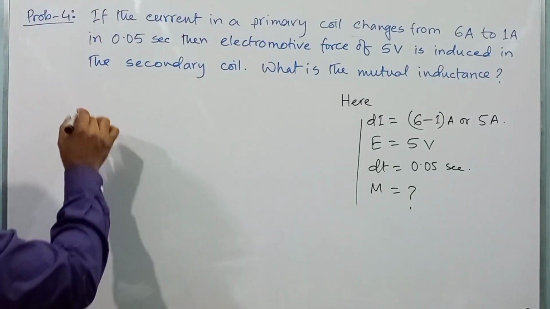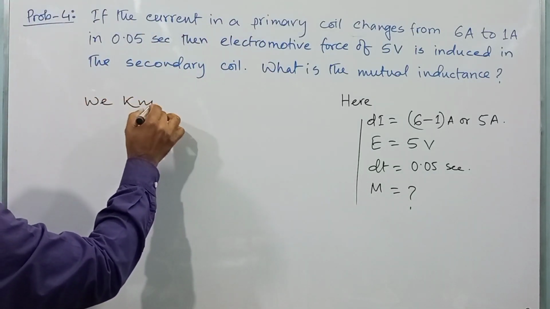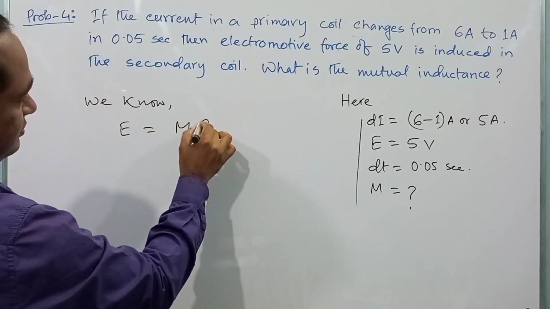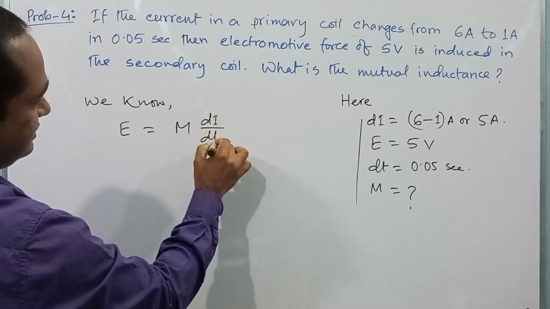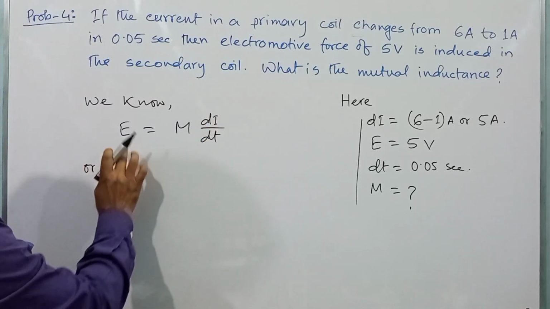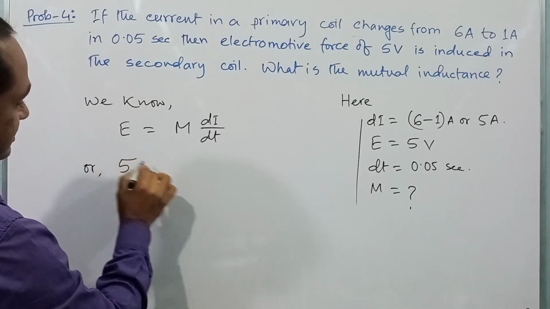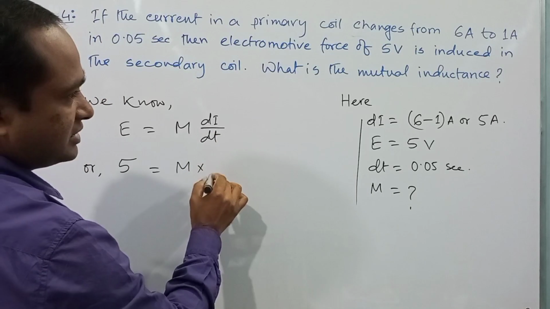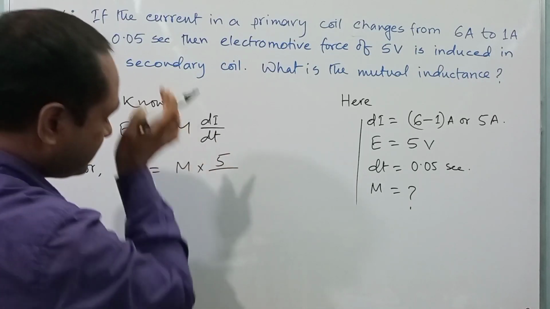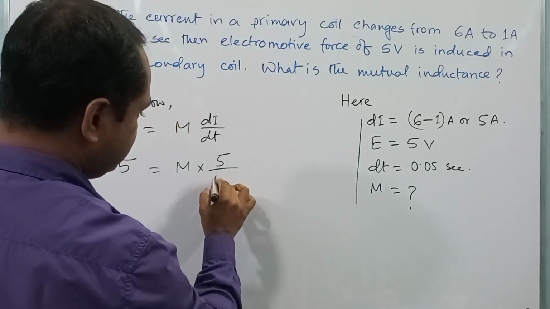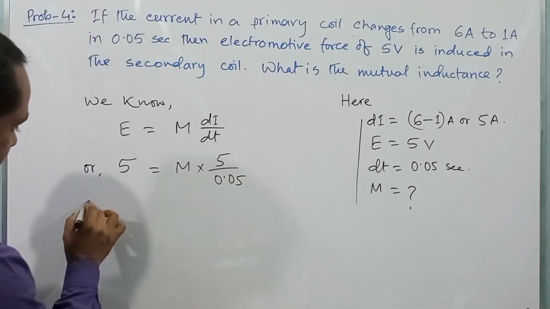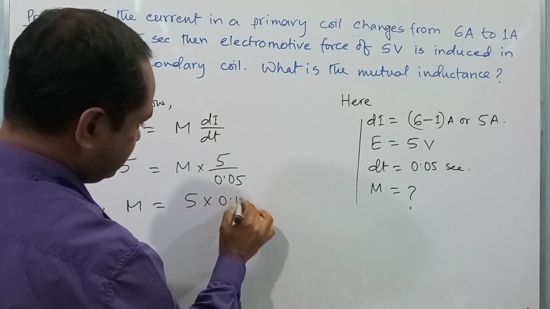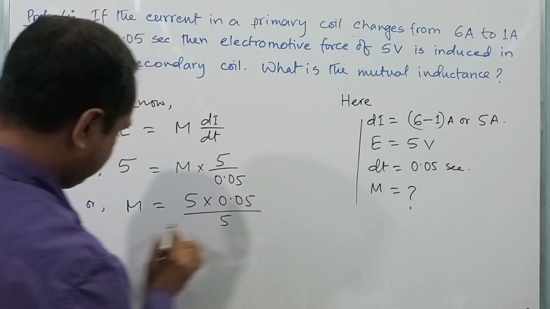Dear student, we know E is equal to M di by dt, or the value of E is 5 volt is equal to M, which is to be determined, into di 5 ampere divided by dt 0.05, or M is equal to 5 multiplied by 0.05 divided by 5.